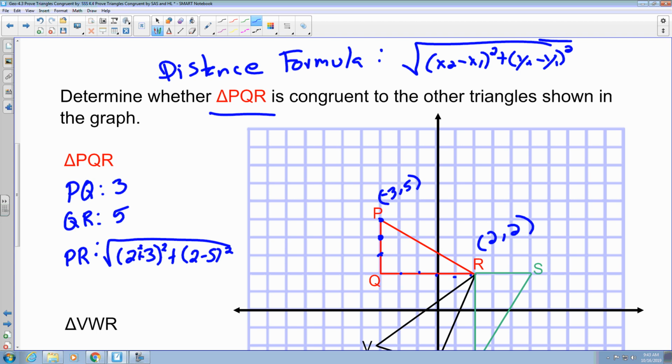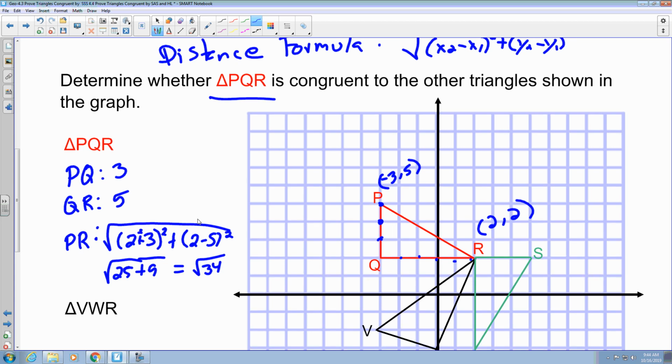So 2 plus 3 is 5, 5 squared is 25, plus 2 minus 5 is negative 3, negative 3 squared is 9. And this gives me the square root of 34. I can leave it like that because it's not a perfect square, and I'm just trying to look for things that are congruent.